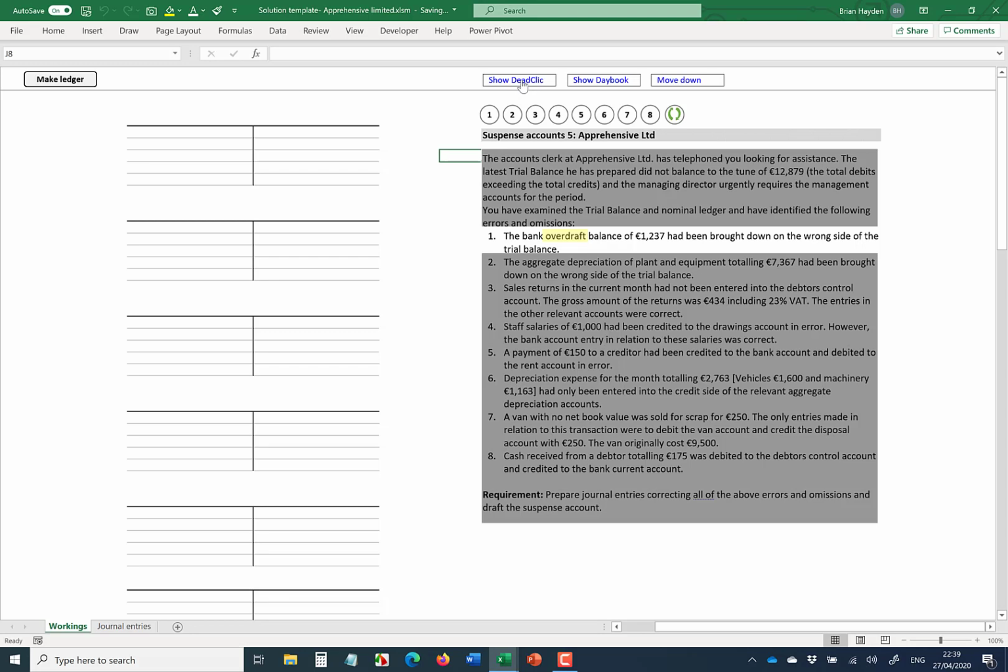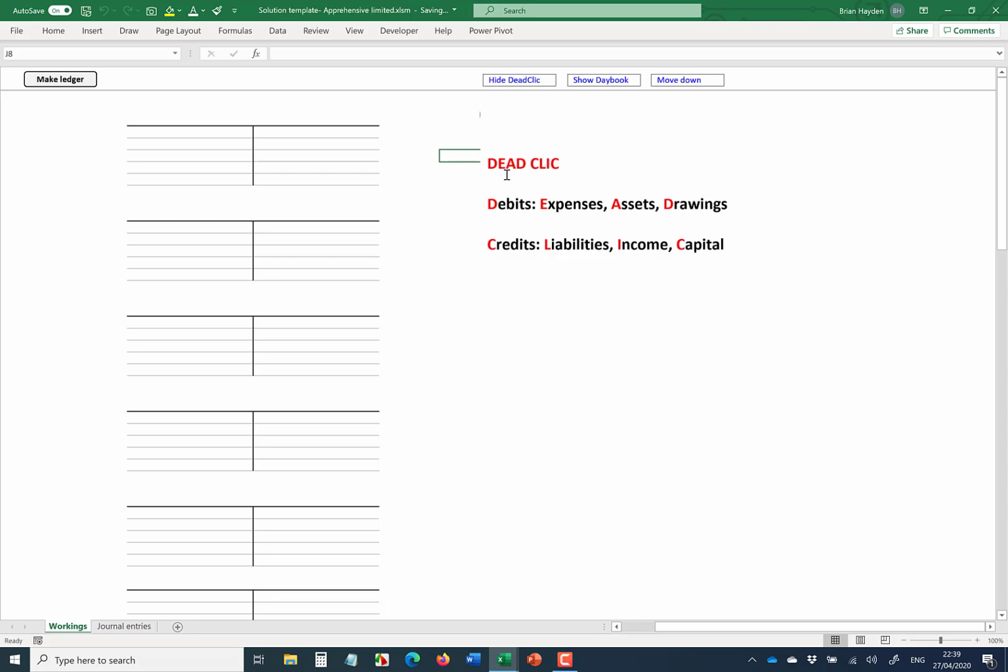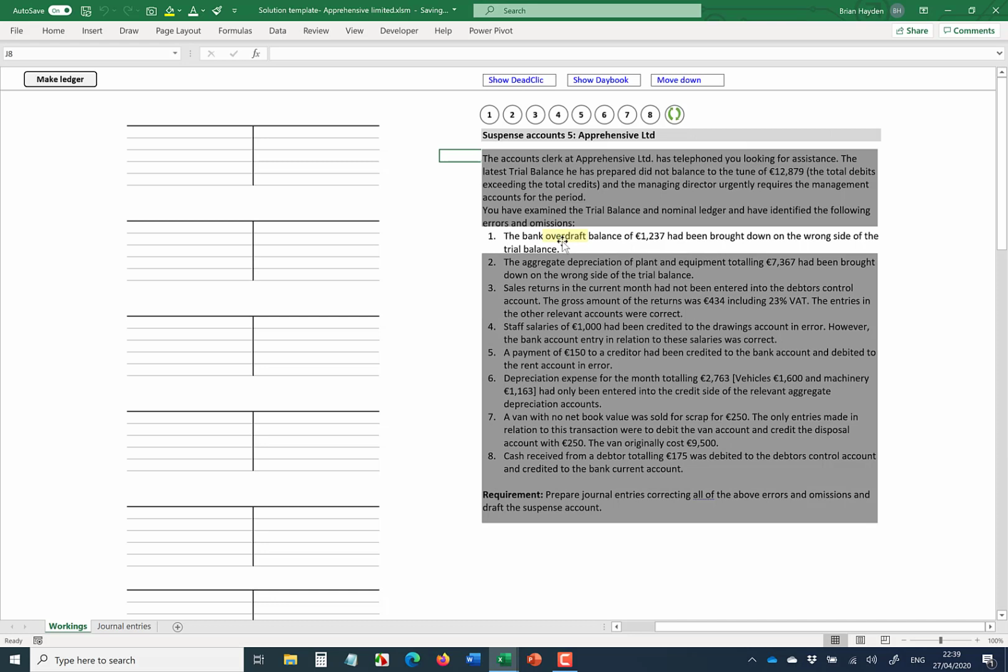So I'll just momentarily show this. Dead clic, remember: debit balances for expense items, assets and drawings, credit balances for liabilities, income and capital.